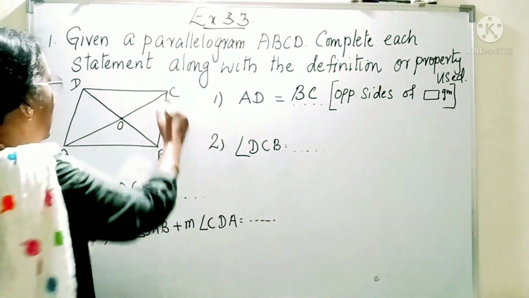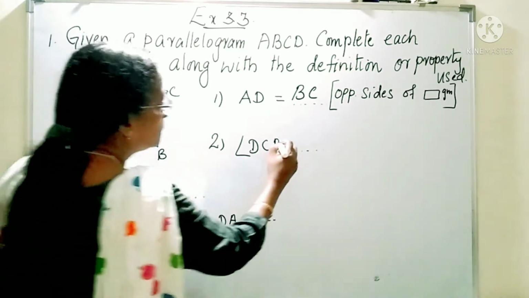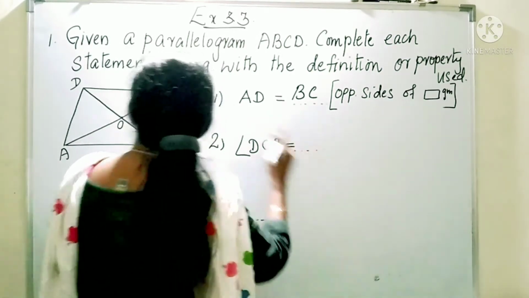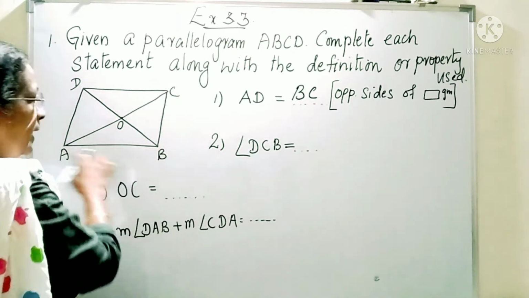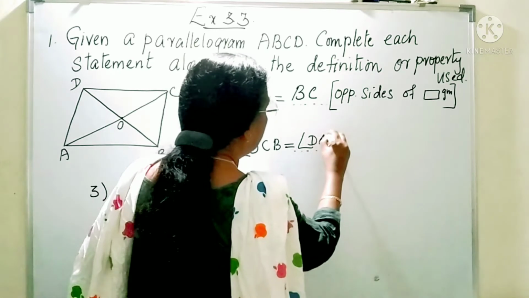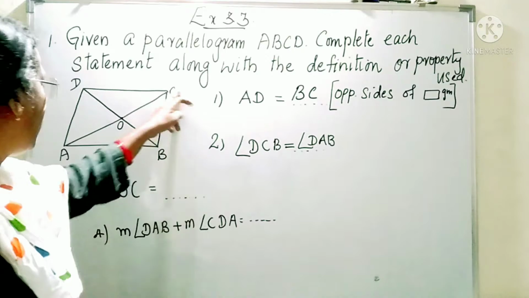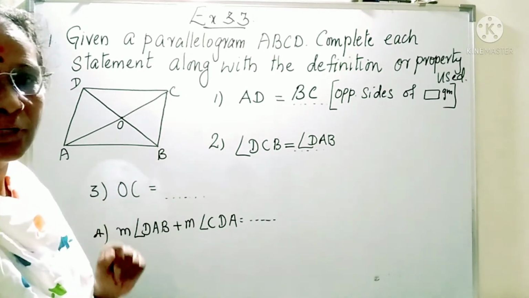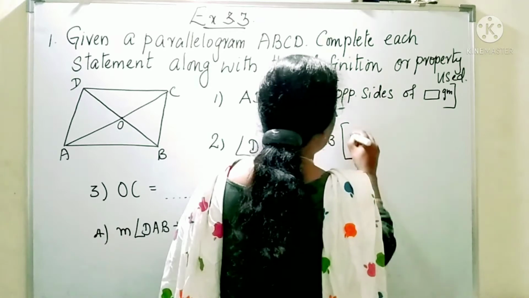Now the next question is angle DCB. Angle DCB, this angle, is equal to angle DAB. What is the reason?